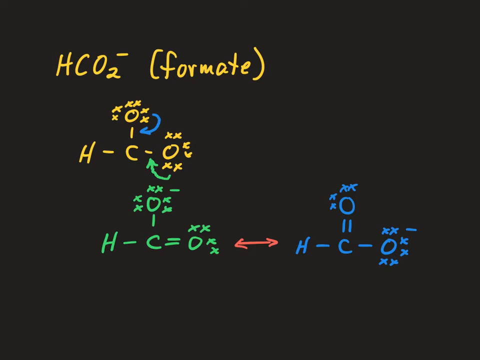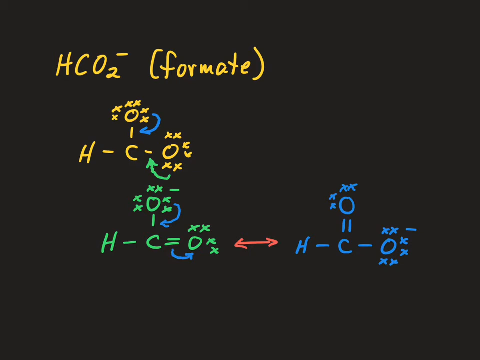We can use curved arrows to show the interconversion of these two structures, right? And so one of the things we can do is, we could show one of these pairs falling in and the pi electrons coming back out. That would show the conversion of this structure into that structure, right?